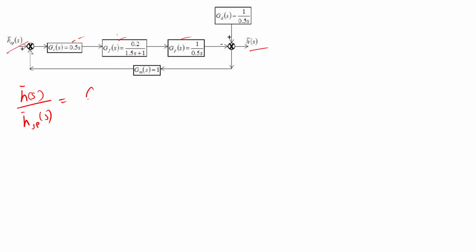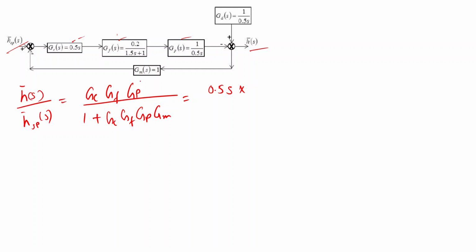So it will become Gc Gf Gp upon 1 plus, in the denominator we will be multiplying all of these three blocks plus 1, so it will become Gc Gf Gp and Gm. All these terms will be in s domain. So let us write the individual transfer function of each of these blocks and simplify the equation.